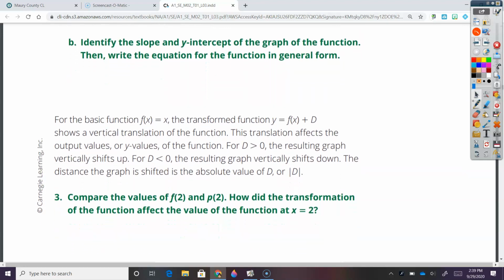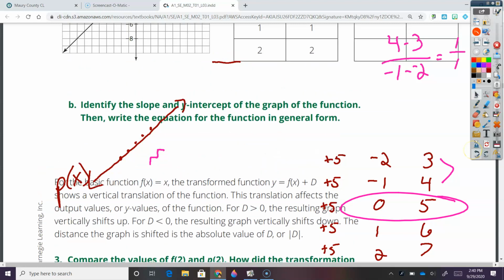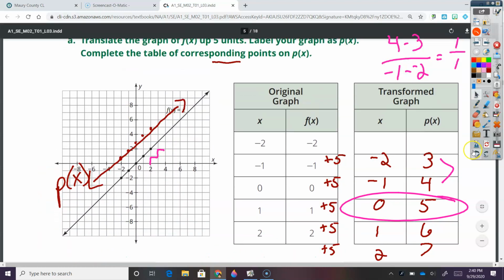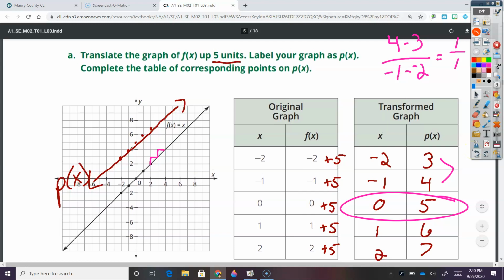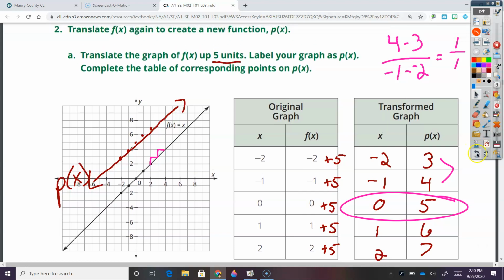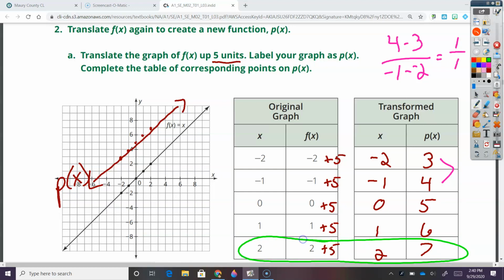Compare the values of f(2) and p(2). How did the transformation of the function affect the value of the function at x equals 2? So let's go look back at our values. At x equals 2 for the original graph, we had (2, 2).